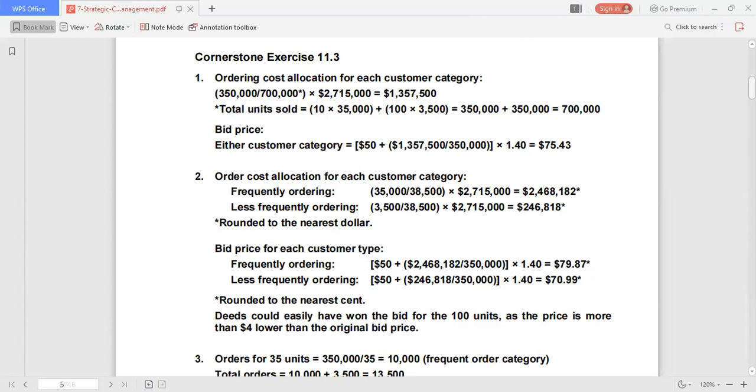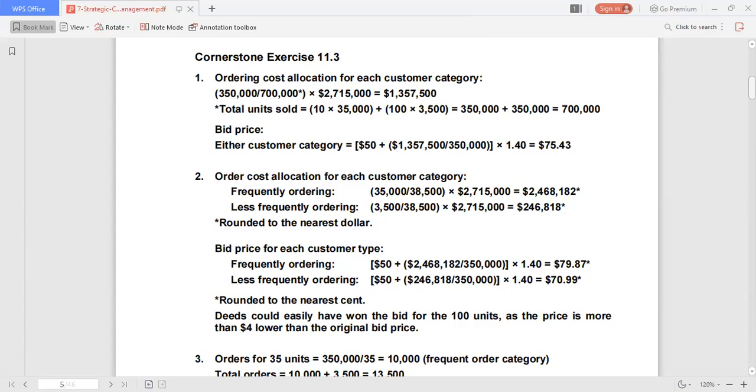Okay, so first we have to determine the ordering cost allocation for each customer category. The total ordering cost is 2,715,000, and you multiply this by 350,000 over 700,000.